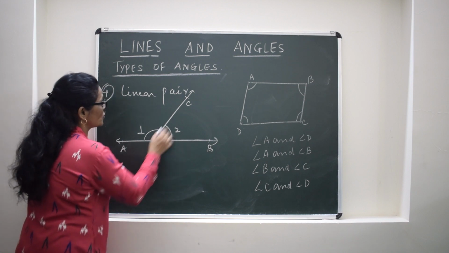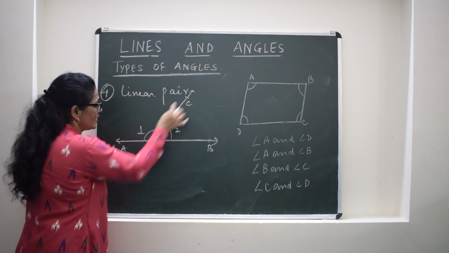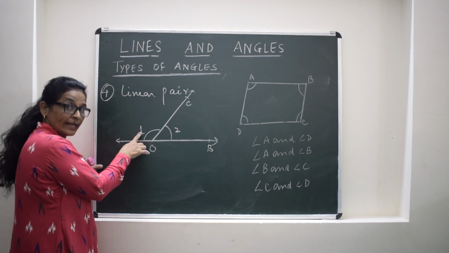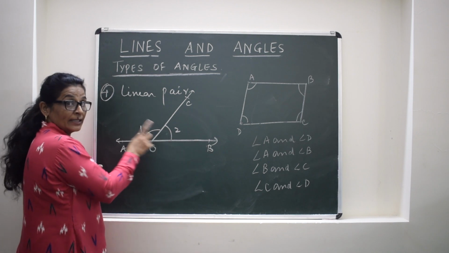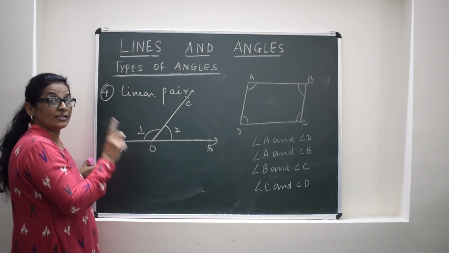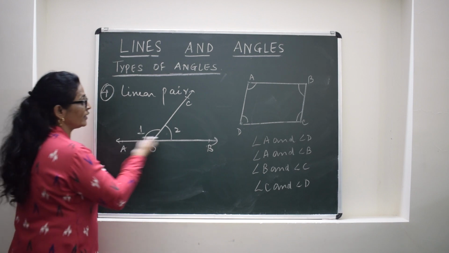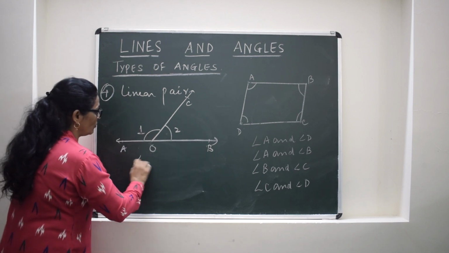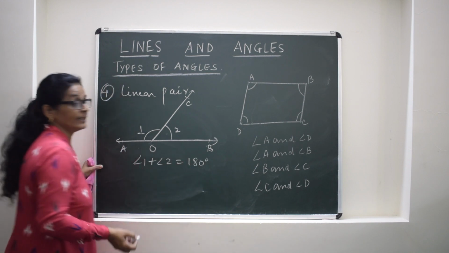Why? Because they are sharing one arm, that is OC. So angle COA, or in other words angle 1, and angle COB, that is angle 2, they are adjacent as well as forming a linear pair. Linear means line. So on a line, angle 1 plus angle 2 is equal to 180 degrees.